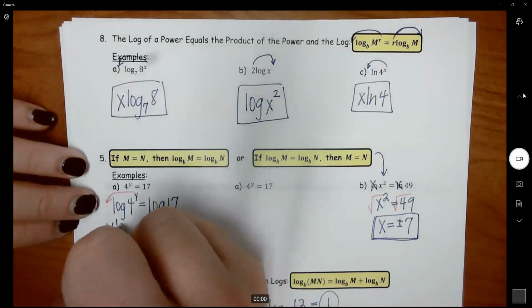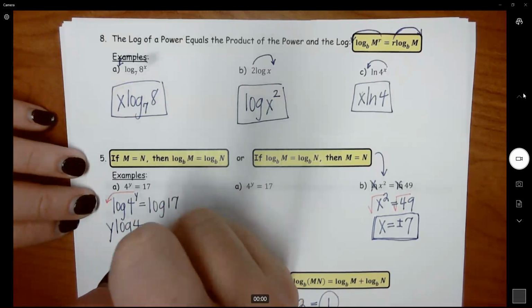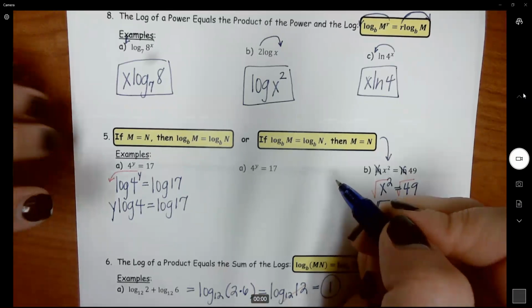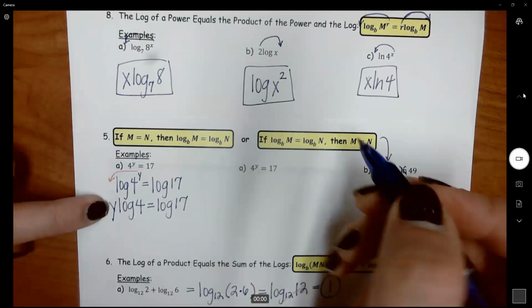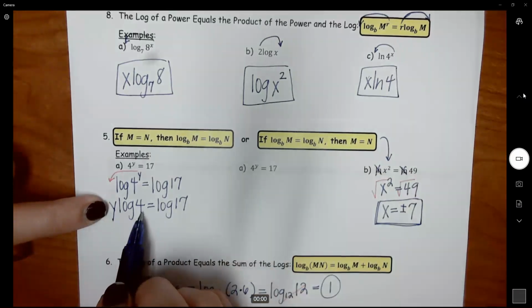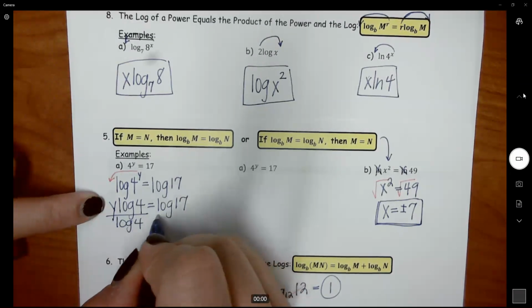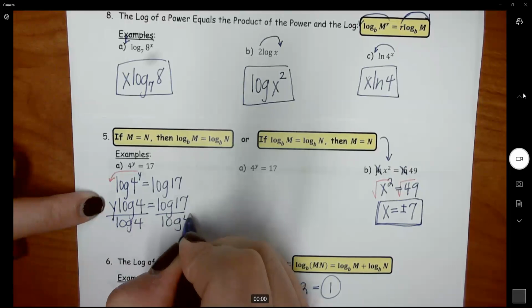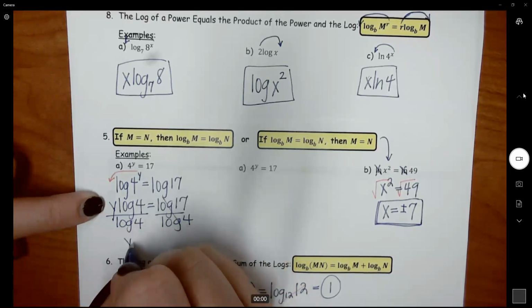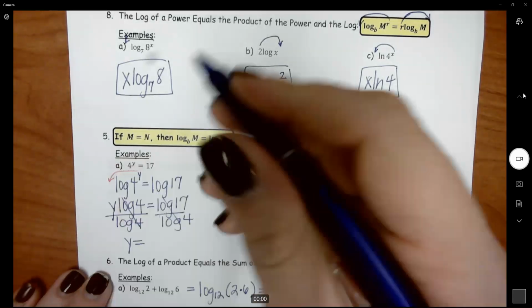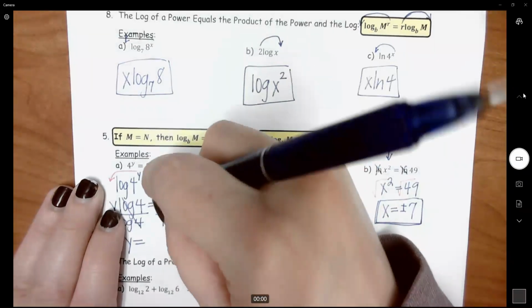So now I've got y log 4 equals log 17. And now I can solve for y. This is just y times log of 4. So I can divide by log 4 on both sides. And I shouldn't have canceled that. This is what was supposed to cancel. So let me.